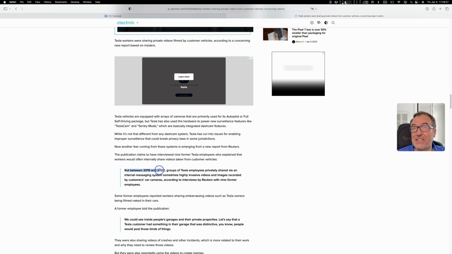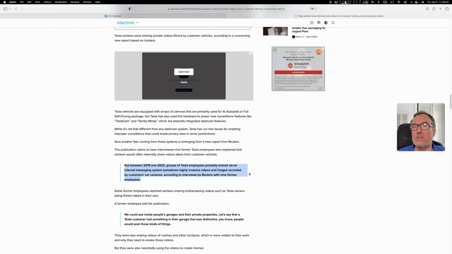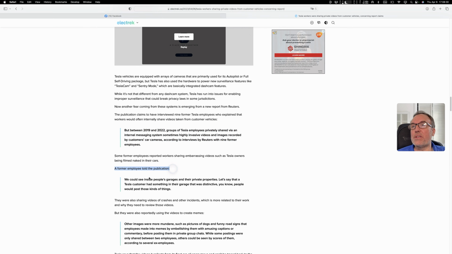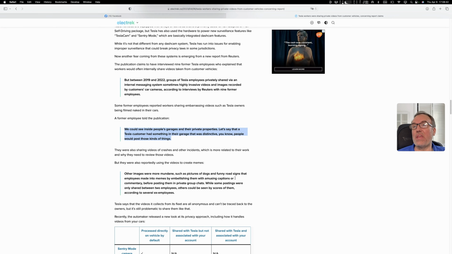Between 2019 and 2022, groups of Tesla employees privately shared via an internal messaging system, sometimes highly invasive videos and images recorded by customers' car cameras, according to interviews by Reuters with 9 former employees. Former employee told the publication, we could see inside people's garages and their private properties. Let's say that a Tesla customer had something in their garage that was distinctive. People would post those kinds of things.